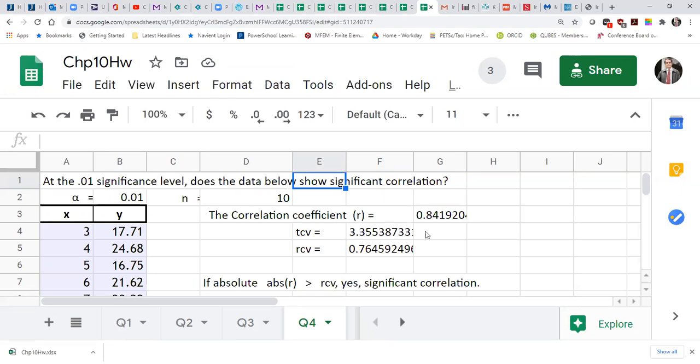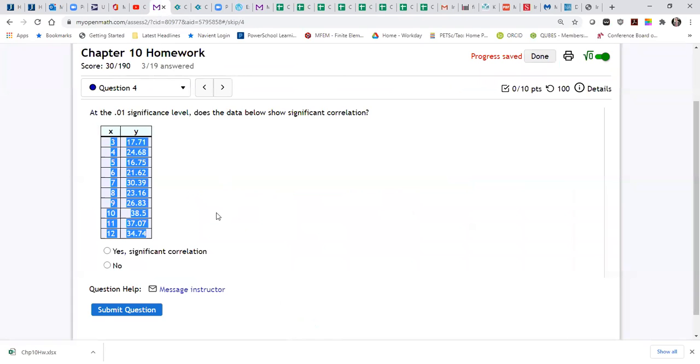You can see also this one is close to 1, right? So that means they have strong correlation because it's close to 1, right? Okay, so what you need to put here? The answer is yes. Because the R is close to 1, so the answer is yes. So there is a significant correlation.